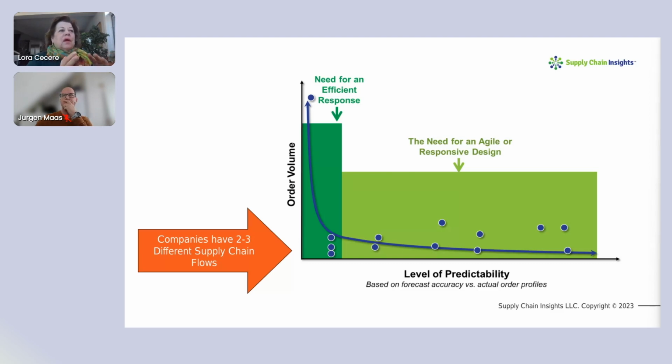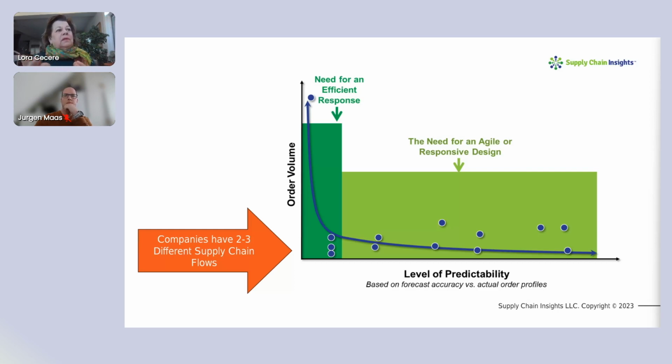Often people will say, I want to have an efficient supply chain. And I would agree, but that only really holds for about 20 to 30% of the product. The efficient supply chain is what's very predictable and very high volume. This has a coefficient of variation of 0.3 to under 0.5, but it is very easy to model.